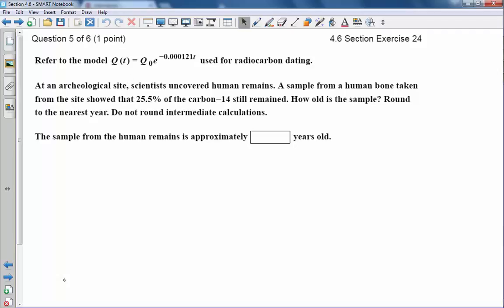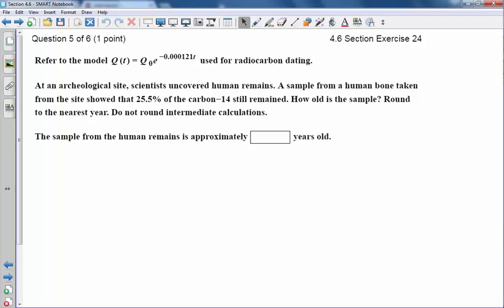Okay, it's fixed though. I think this number is known very well. So there is an original number expected to have, and we only found 25.5% of it. Question is, how old is this sample? How many years back this guy lived? And we need to round it to the nearest year.